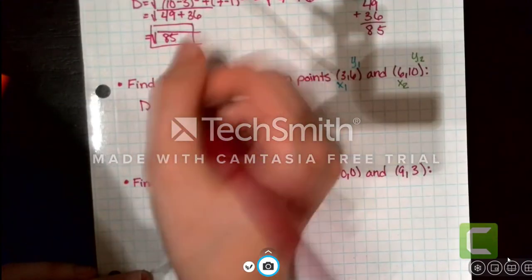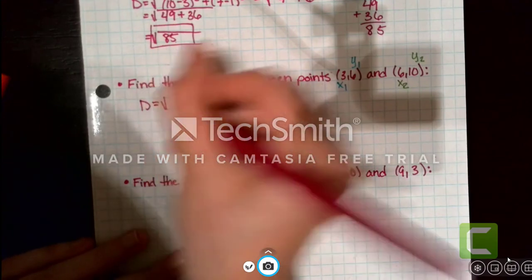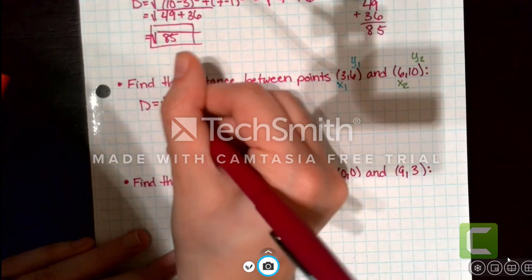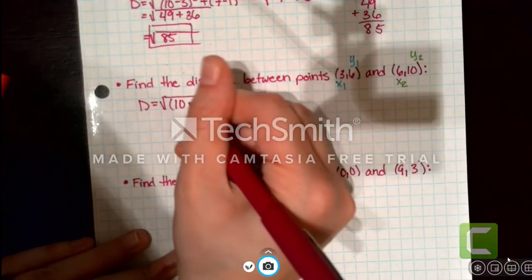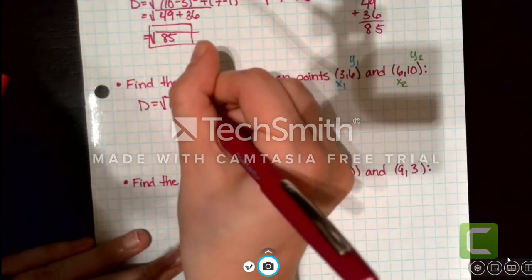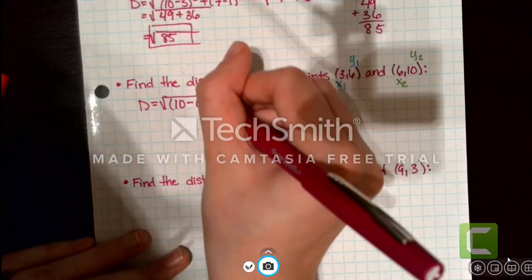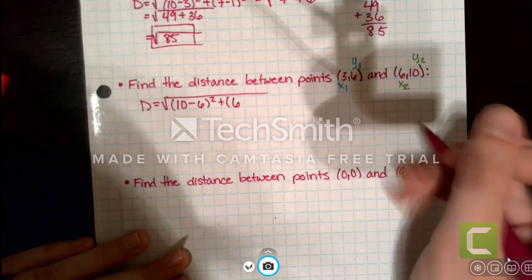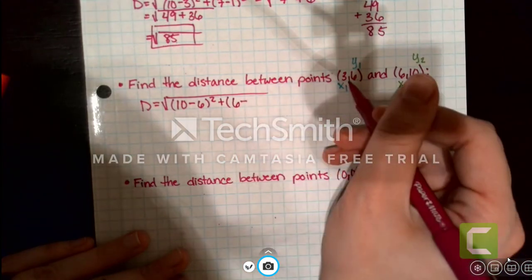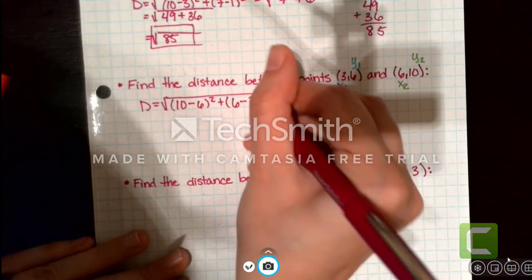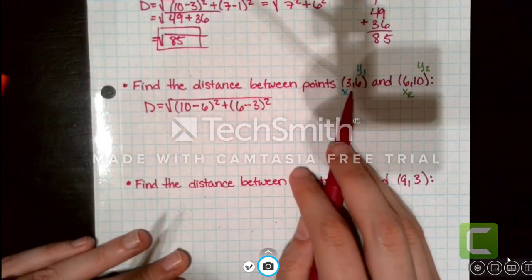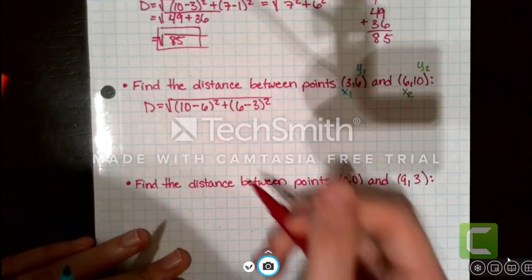The distance of these 2 points is equal to the square root of y2, which is 10, minus y1, which is 6, squared, plus x2, which is 6, minus x1, which is 3. Your equation should look like this, plugging in the values from the right that we've labeled.